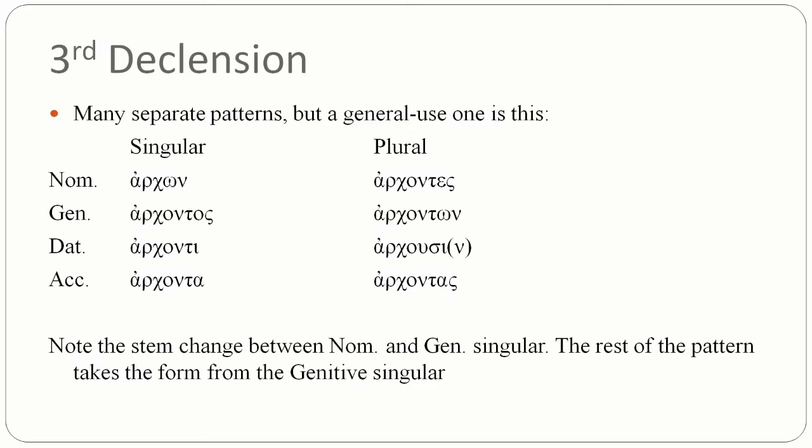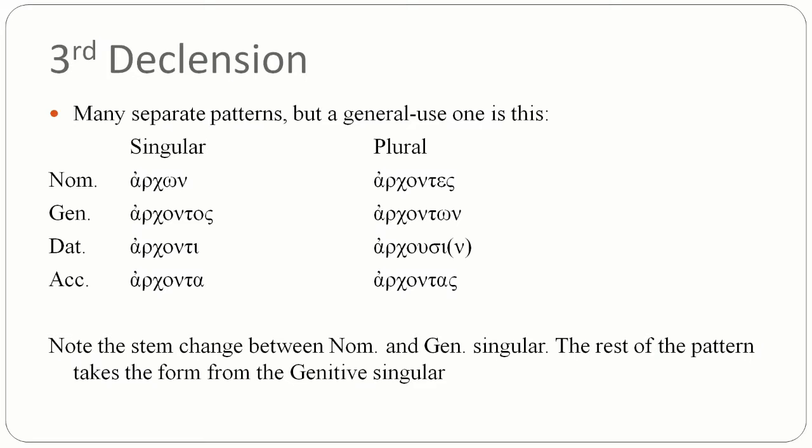So you have here archon, which means the ruler. And then notice here the stem change between the nominative and the genitive. Nominative is archon and genitive is archontos. That stem change is very important for the third declension because after the genitive singular, all of the subsequent forms are going to follow the genitive singular stem, not the nominative singular.